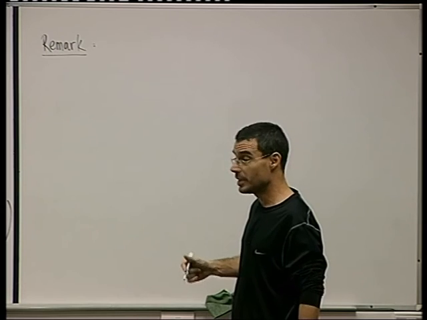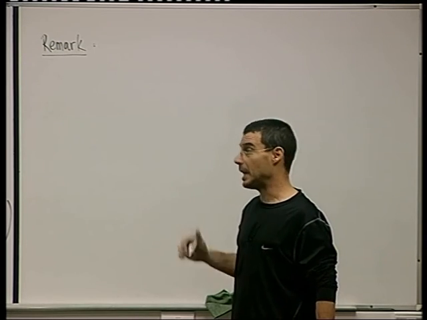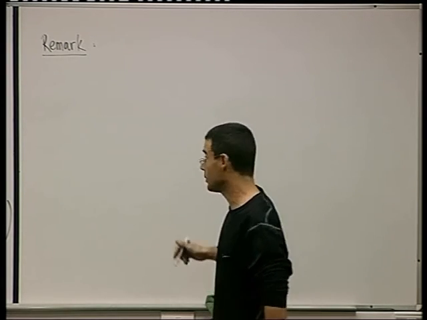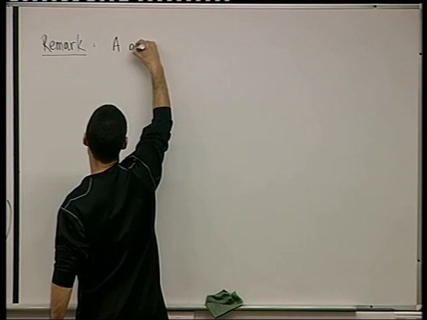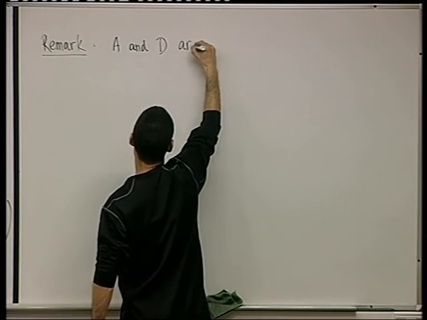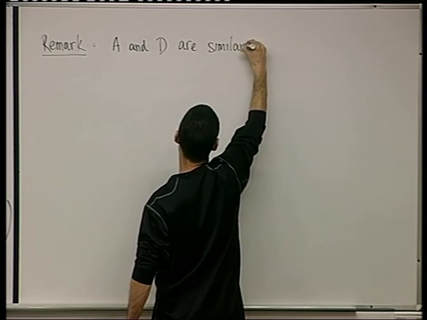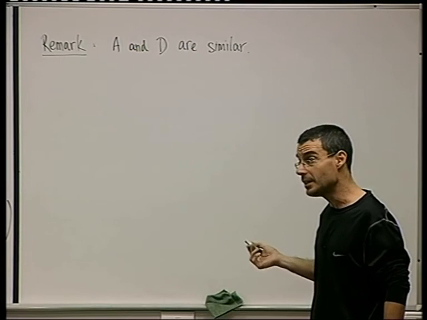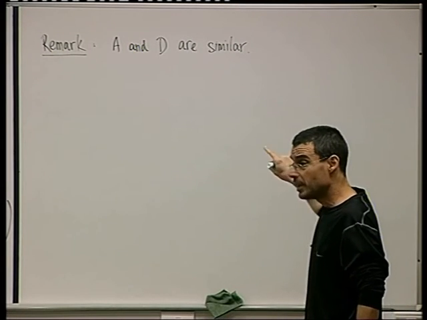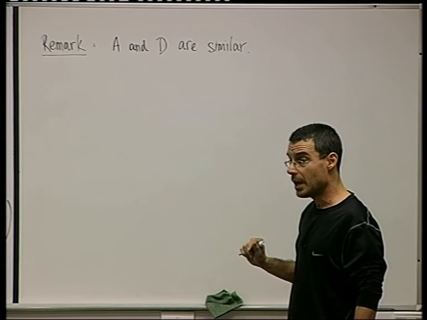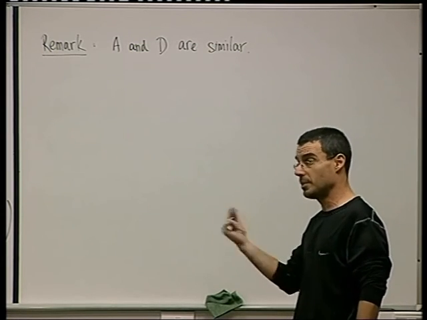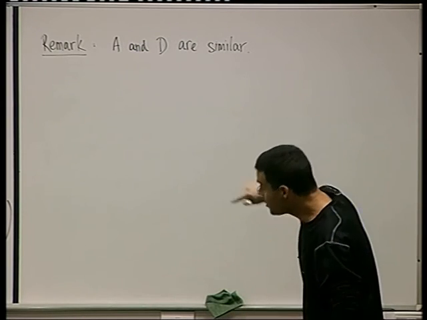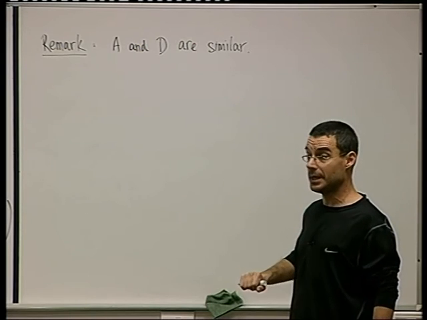They represent the same linear map. A was the one we started with, and D represents T with respect to the basis that we found. So A and D are similar, because by definition they represent the same map, T. But similar matrices, there's this P, this invertible matrix that gives the similarity by D equals P inverse AP, right? And in this case, we even know precisely what P is.